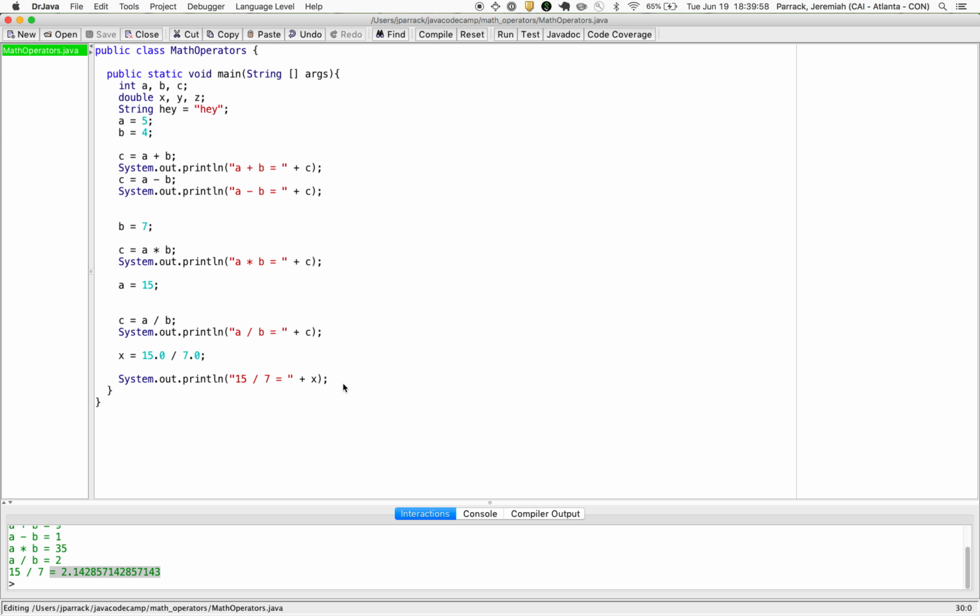All right, the last operator is called a modulus, and this is the shift 5, so the percent sign. And this is basically your remainder. So if we say A equals 9, B equals 4, the remainder of this would be, actually let's just see what it's going to be, but you should know.